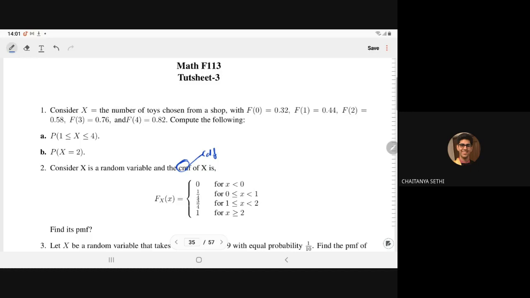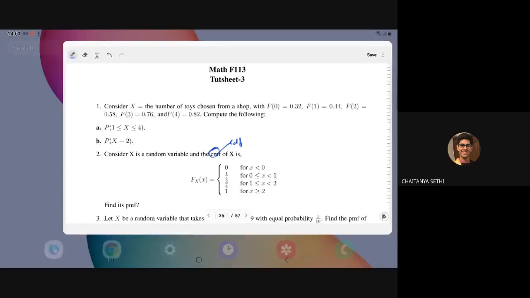We denote it by capital F. So capital F of x is equal to 0, 1 by 4, 3 by 4, 1, for x less than 0, x between 0 and 1, x between 1 and 2, and x greater than 2. You have to find its PMF, probability mass function.